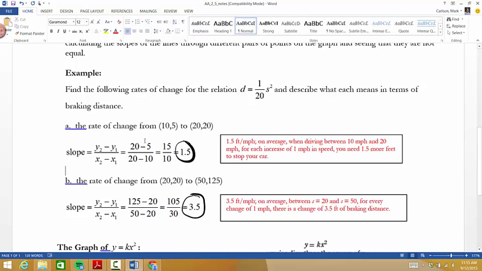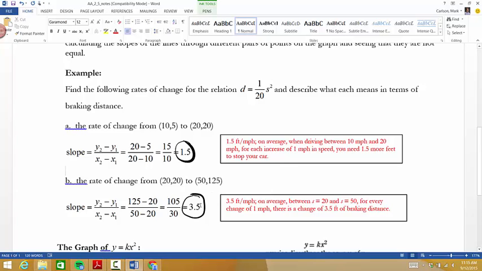Now we'd like to think about what these slopes mean in words. A slope of 1.5 says that it's 1.5 feet per mile per hour. On average, when driving between 10 and 20 miles per hour, for each increase of 1 mile per hour in speed, you will need 1.5 more feet to stop your car.